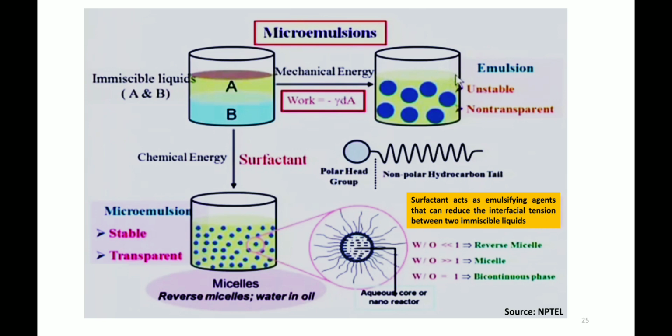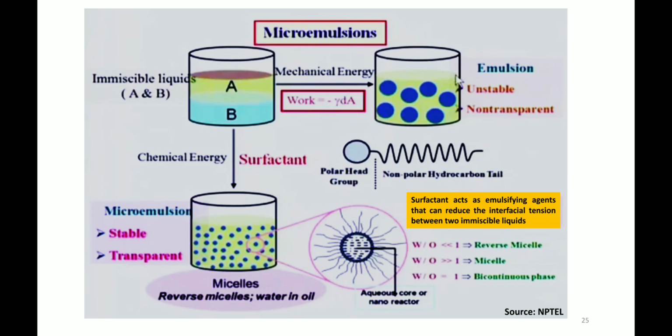On the other hand, if we use a surfactant, then it plays a very important role in the formation of a microemulsion, and that is also shown in this figure. If you add surfactant in a proper concentration, then the size of the spherical droplets is reduced.